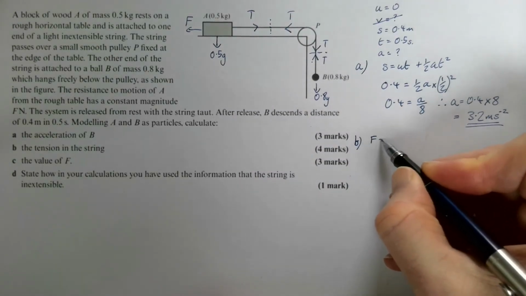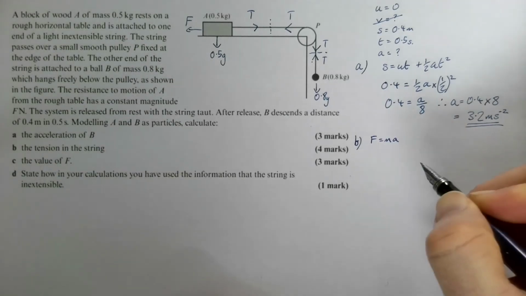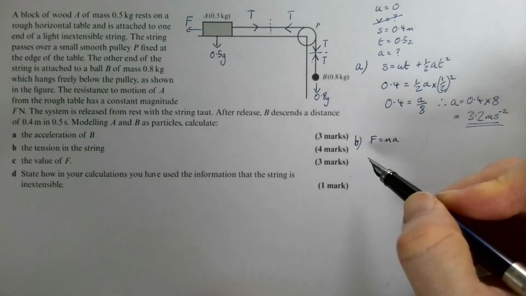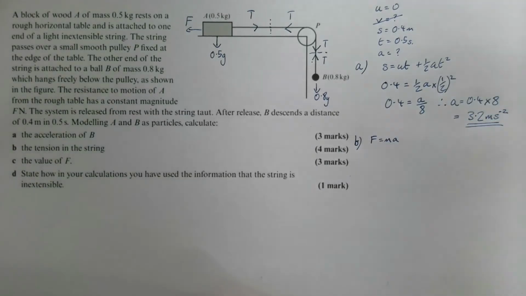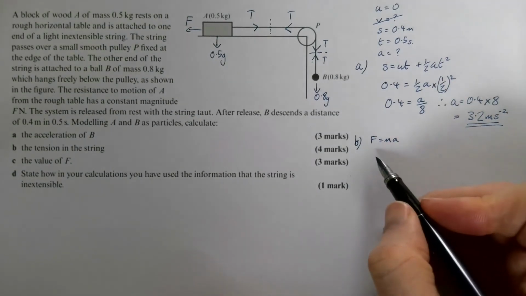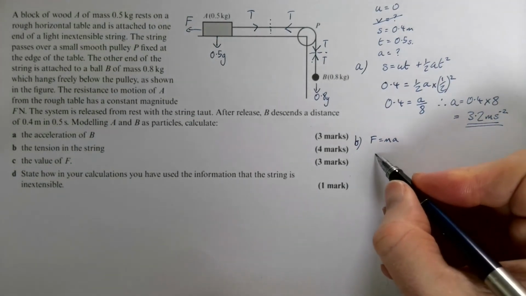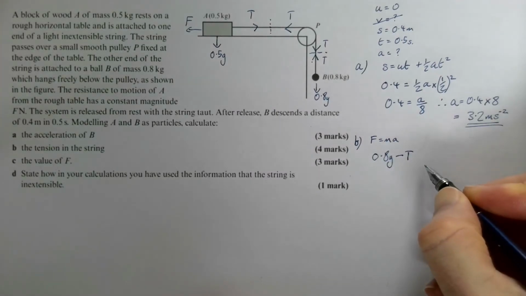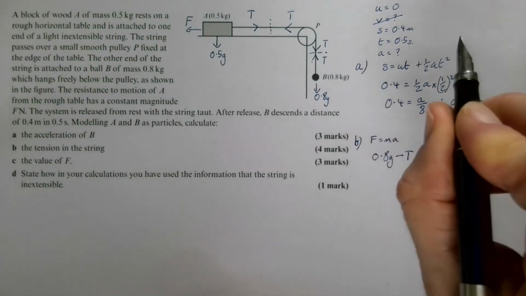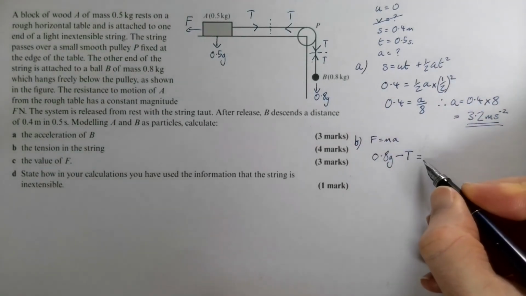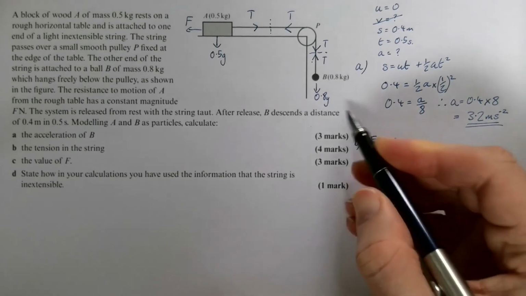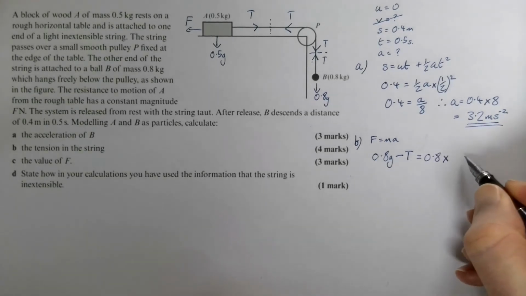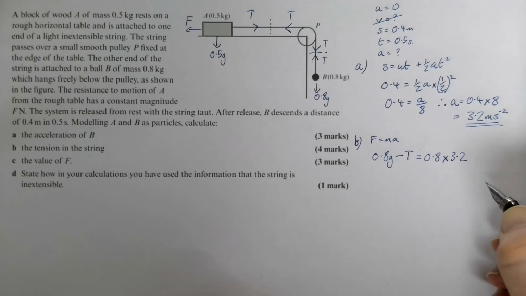Well, we're going to be using the fact that force equals MA. That's the force that's going to be generated by it going down at that speed. So that force, 0.8 G, take the tension, because we've got that pulling down, we've got the tension pulling back up, is all happening at MA, which is 0.8 multiplied by the acceleration, which is 3.2.